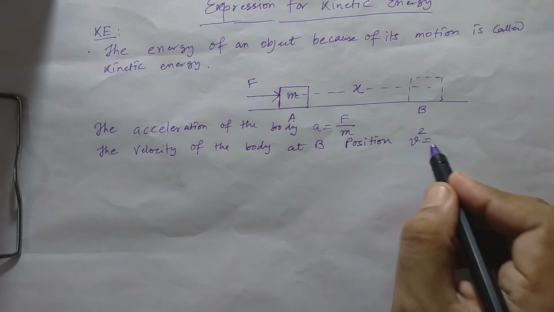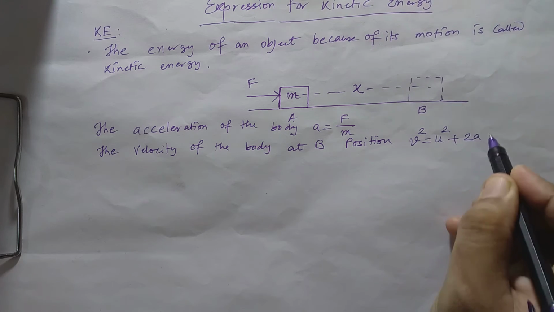You use v square is equal to u square plus 2as, this formula.